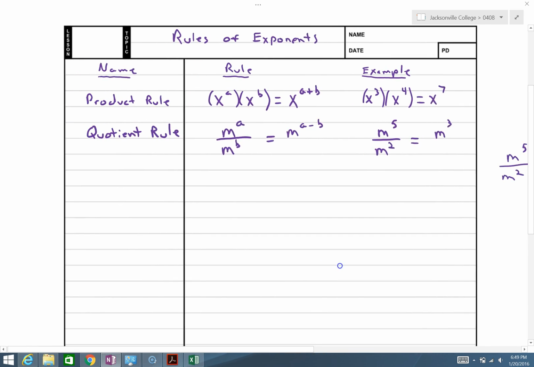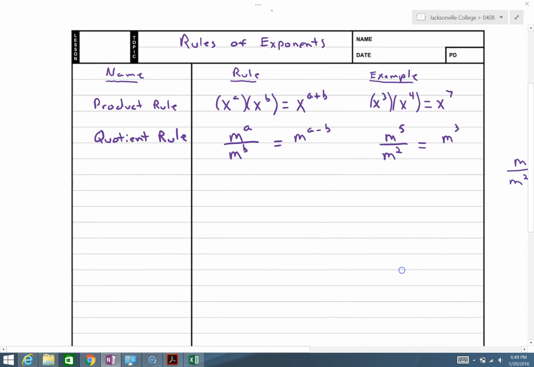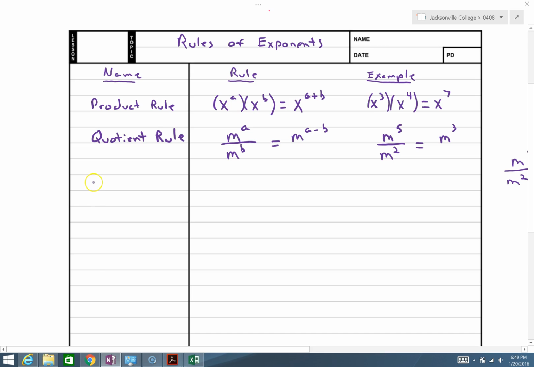All right. Next is the power rule. The power rule states that if we have some number, say smiley face, and we raise that to some power, say a, and then we take that to the b, this is a power to a power, it's a bigger deal.